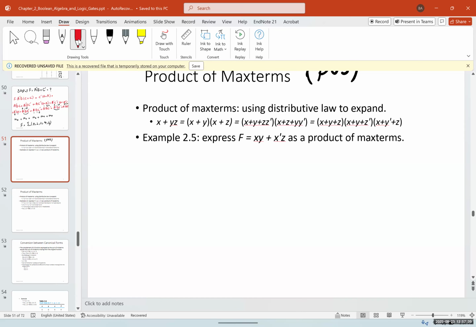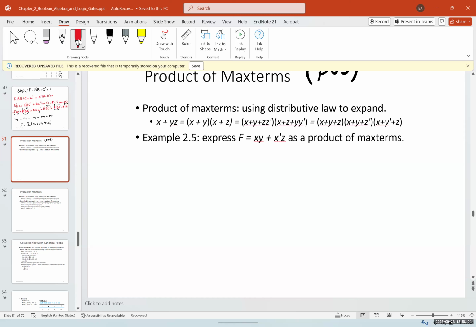I did the proof for the distributive law. But when we have this x plus y plus z, you can use that. Almost. So how do we get rid of that? I already did the proof, but I can do it again if you want.